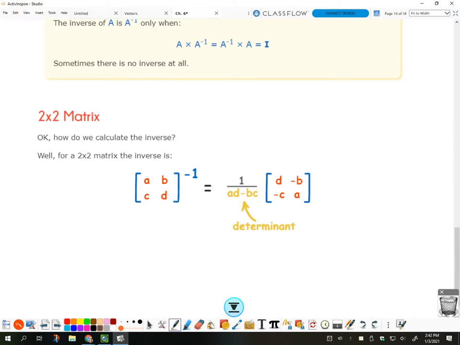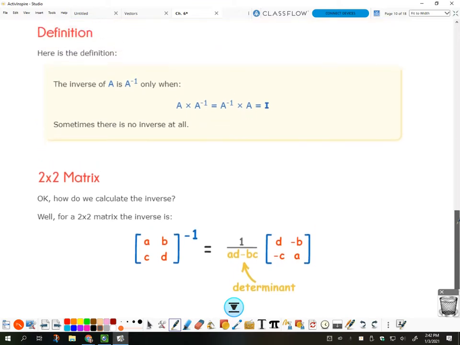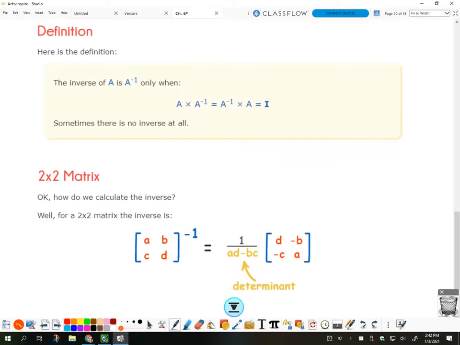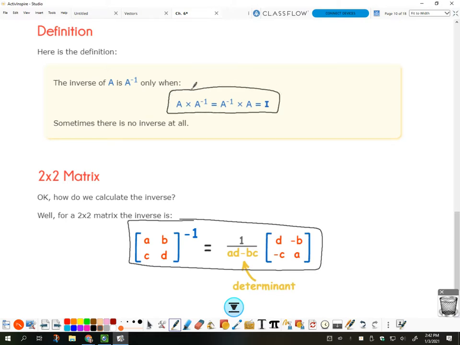For now, you just need to understand that if I give you this 2x2, you have to do this to get its inverse. Out of everything on this slide, if I were going to write something down, it would be this formula. It doesn't matter right now that that's the determinant.